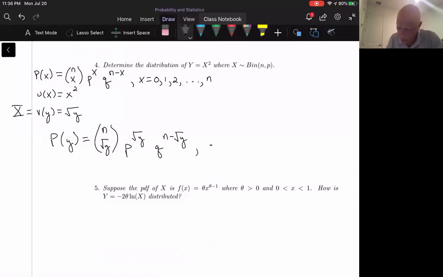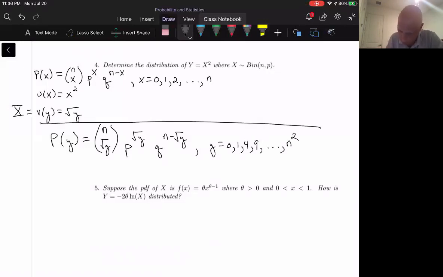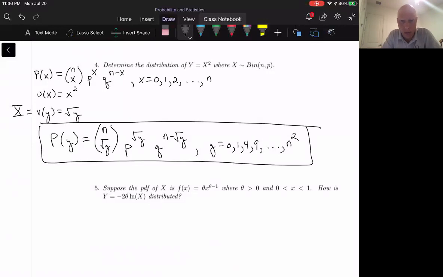And our support is 0, 1, 4, 9. It's all the squares of the x's up to n squared.